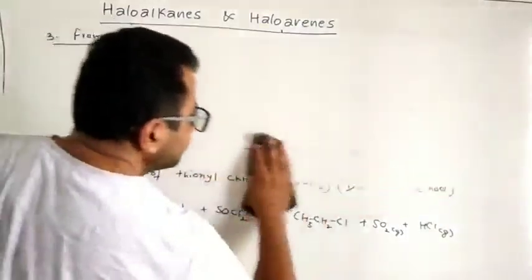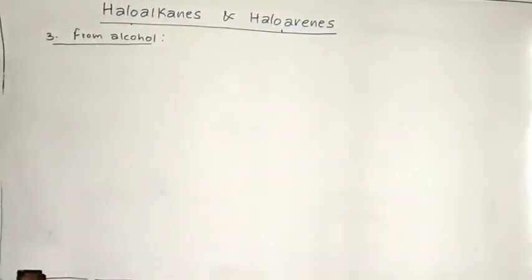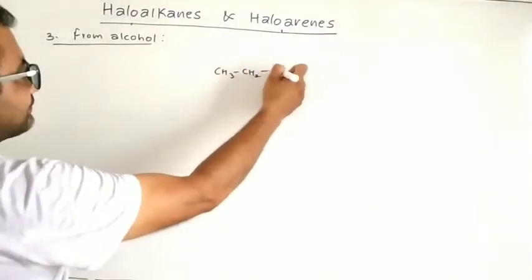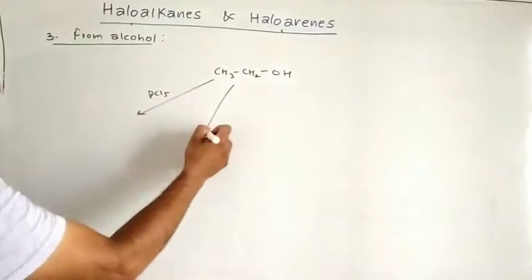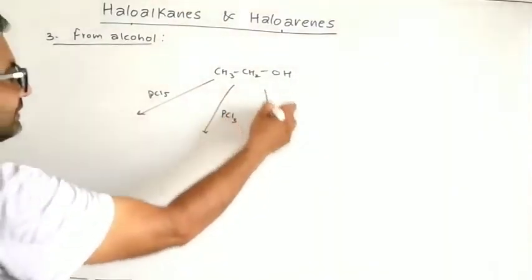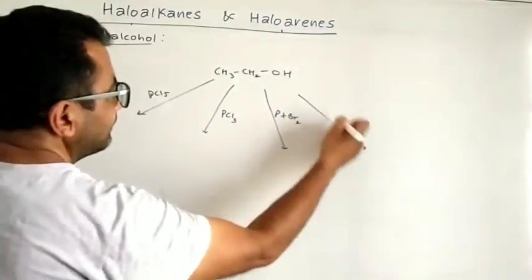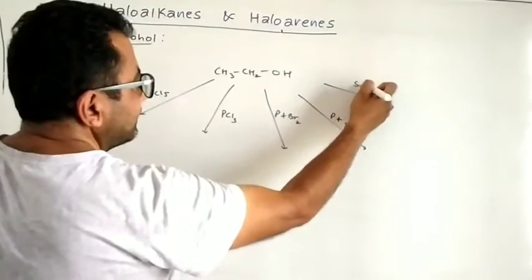We summarize. We have alcohol, we added PCl5, we added PCl3, we added P plus Br2, we added P plus I2, we added SOCl2.